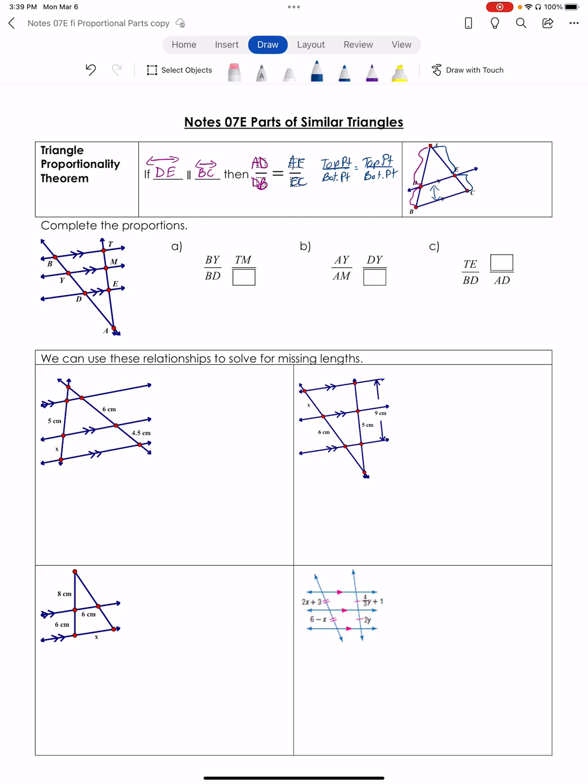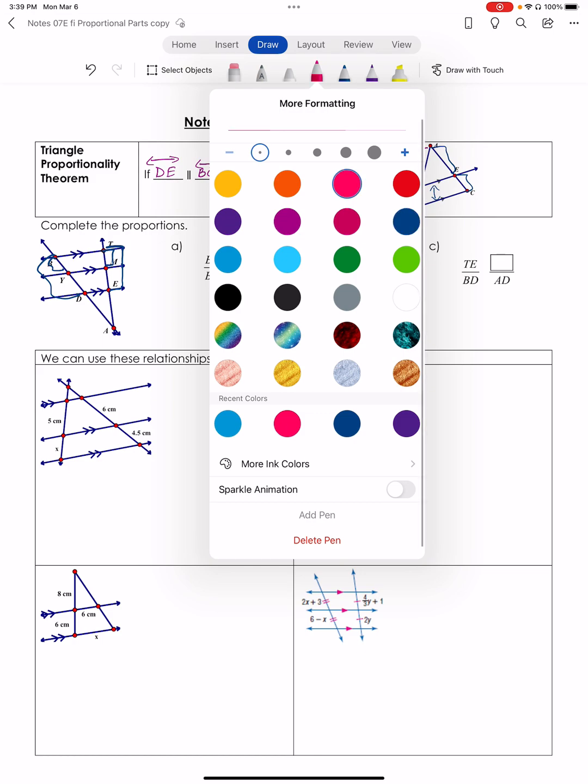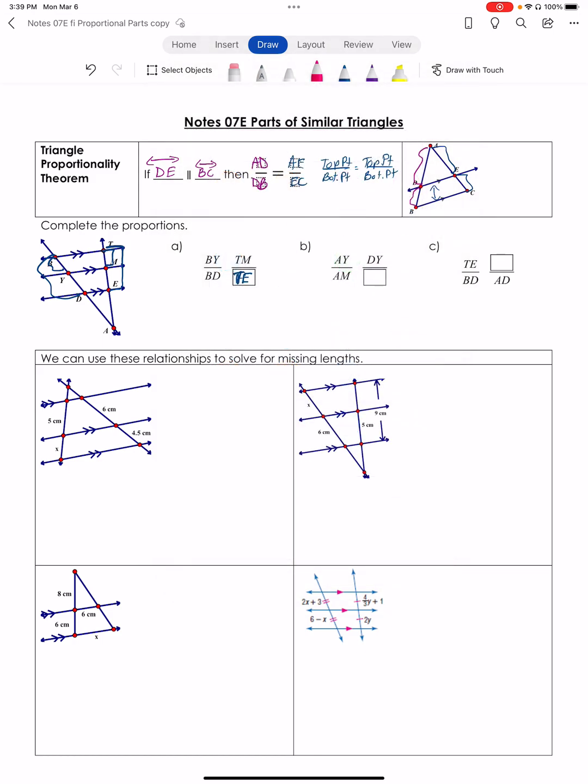So knowing that, BY over BD would be equal to TM over TE. Okay. And this one is AY, so AY over AM, those two whole sides, is equal to DY over EM.